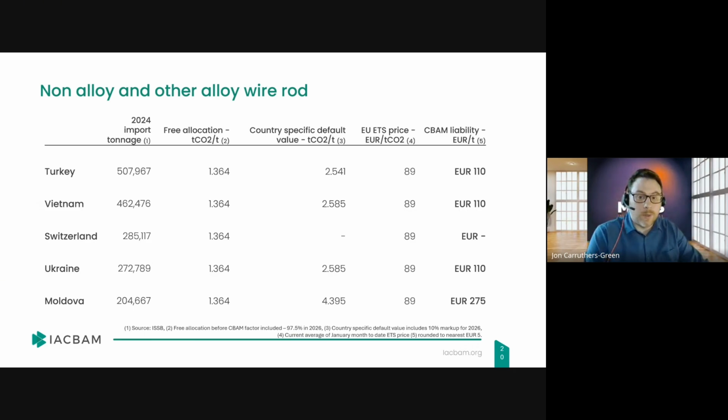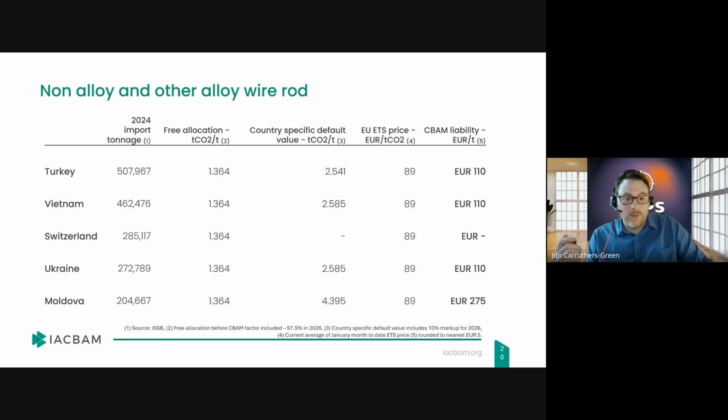Essentially, with Switzerland being part of the ETS scheme already, their CBAM liability is 0. The expectation is that the cost for material imported from Switzerland is already going to be accounted for through that scheme.